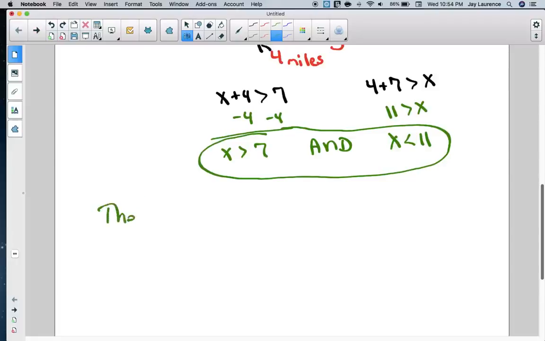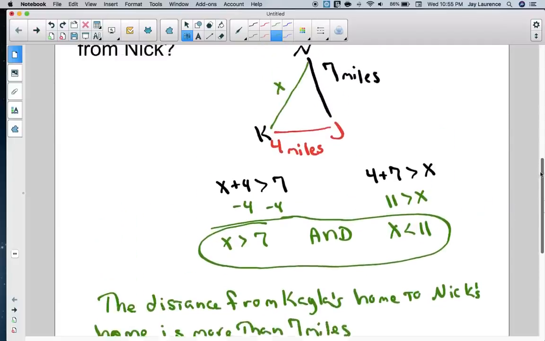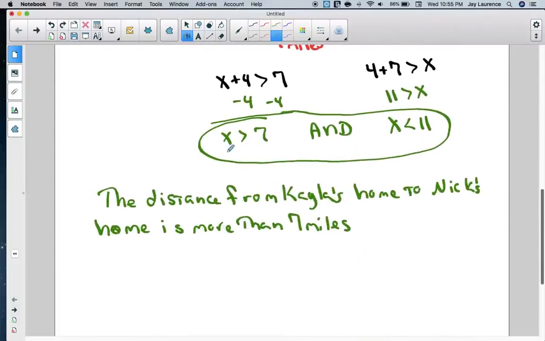So I could say the distance from Kayla's home to Nick's home is more than 7 miles. How do I know that? Well, I labeled the third side, x, Kayla to Nick, as x miles. And here I know that x has to be greater than 7.